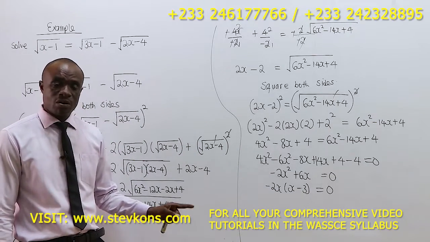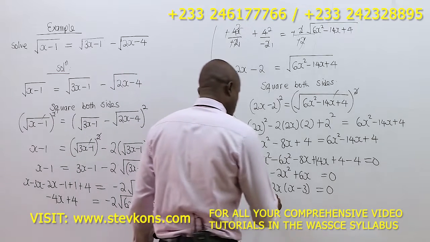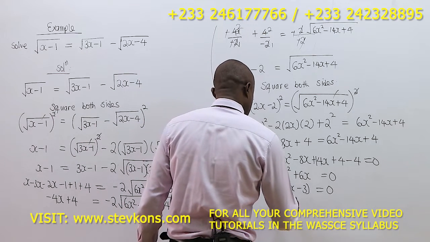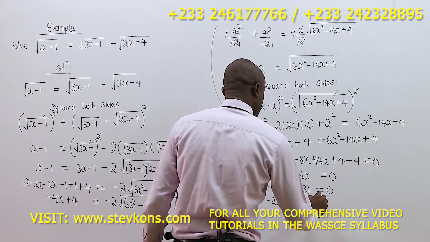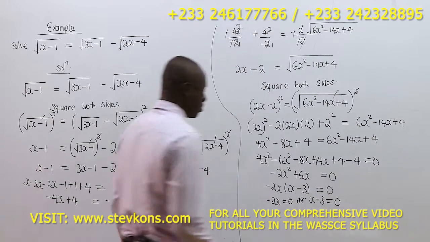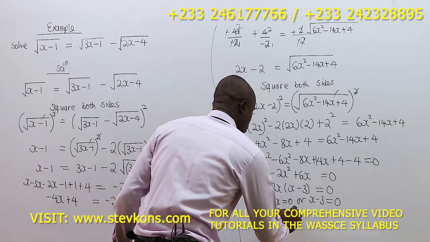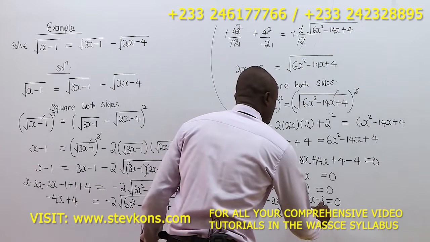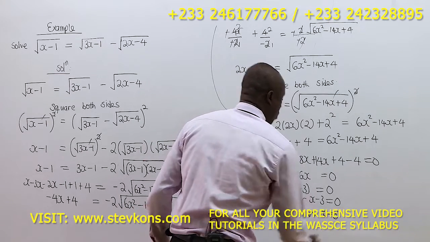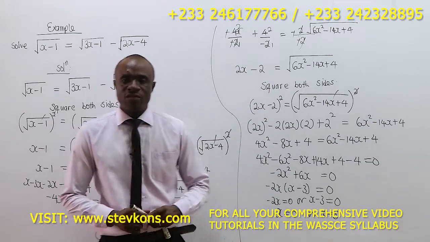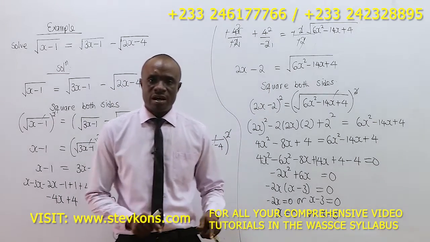Either the first one is 0 or the second one is 0. So we have negative 2x equals 0 or x minus 3 equal to 0. Solving for x, when divided by 2, we have x equals 0 or x equal to 3. That's a very, very nice question.